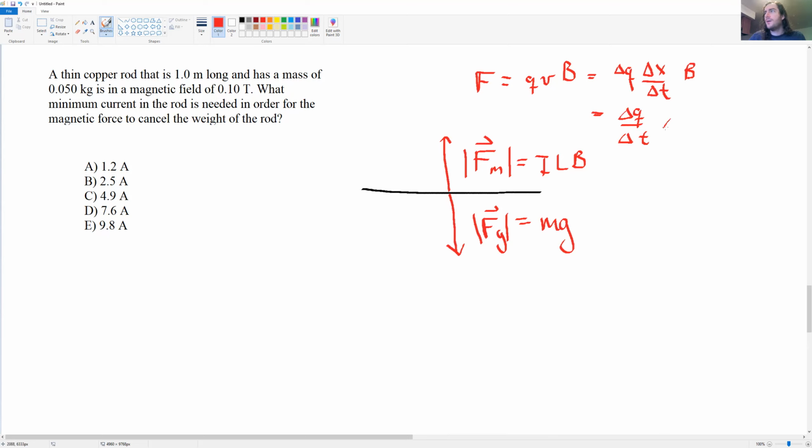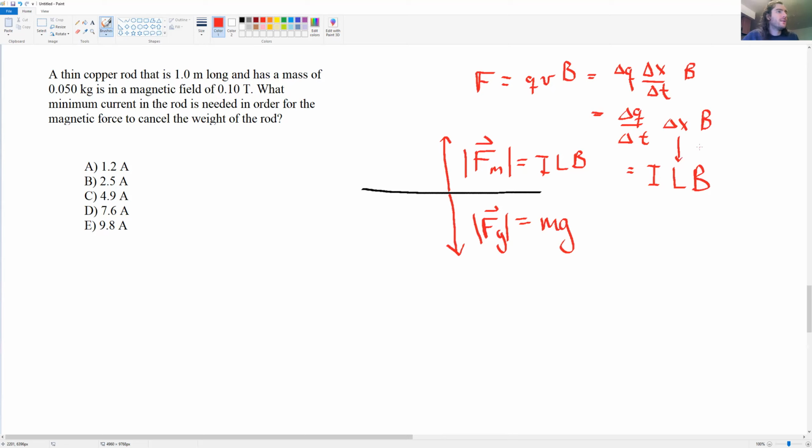This is not a rigorous derivation, but this gives you maybe another way to remember that formula. And delta q over delta t in the limit is going to give you current I. You just translate this delta x into an L here, and you get this ILB. So by no means is this a rigorous derivation of the formula.